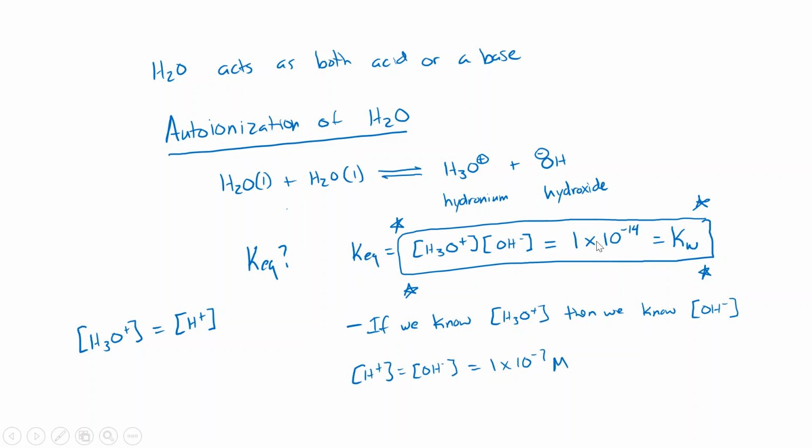So if we take the square root of 1 times 10 to the negative 14th, we get 1 times 10 to the negative 7th. So when are these two things equal? They're equal when all we have is water around here. And so when we have these concentrations, this is a neutral solution. So a neutral solution always has a concentration of H plus at 1 times 10 to the negative 7th, or it has a concentration of OH minus at 1 times 10 to the negative 7th. Those two statements are saying the same thing.